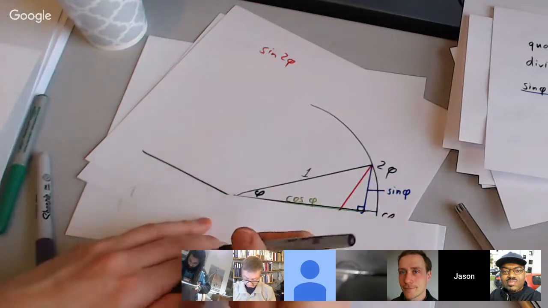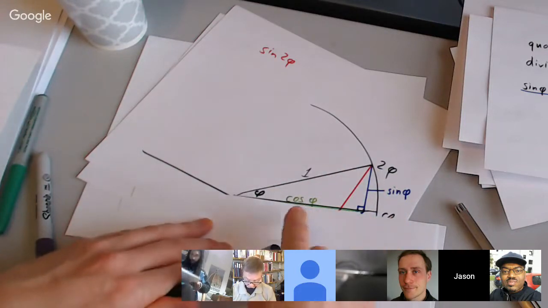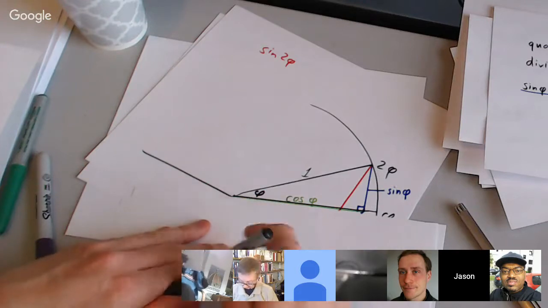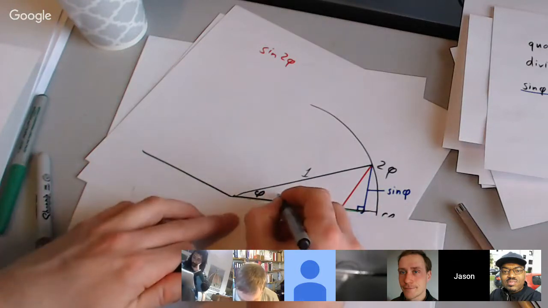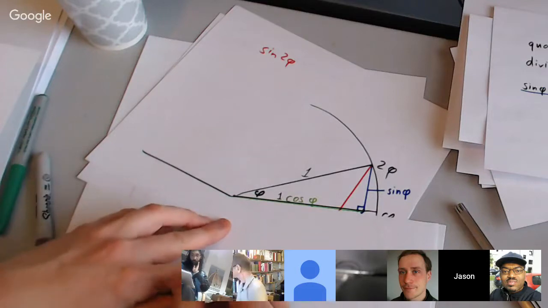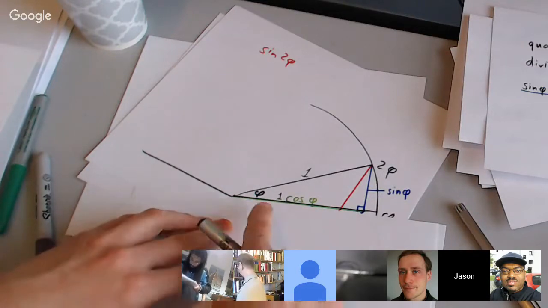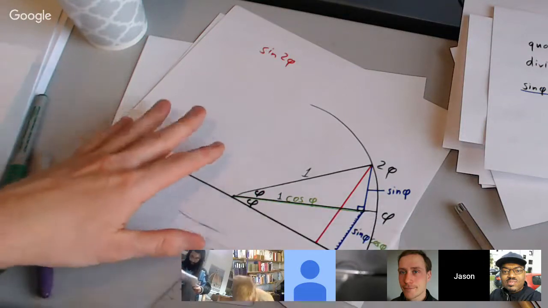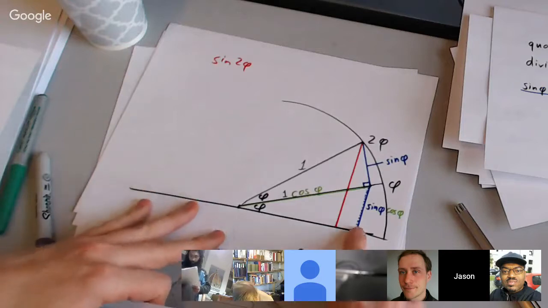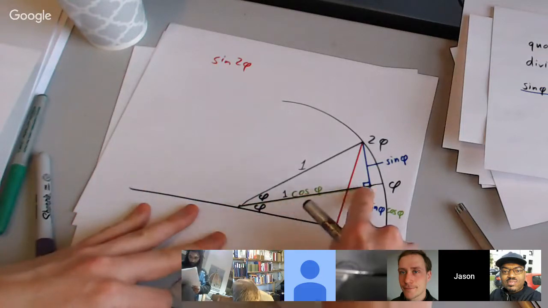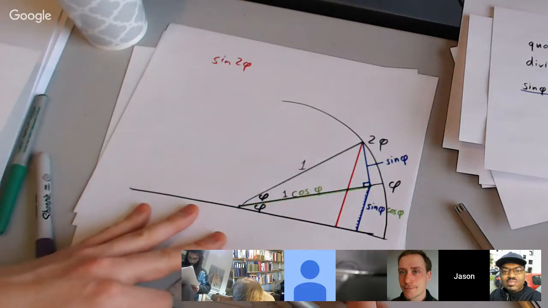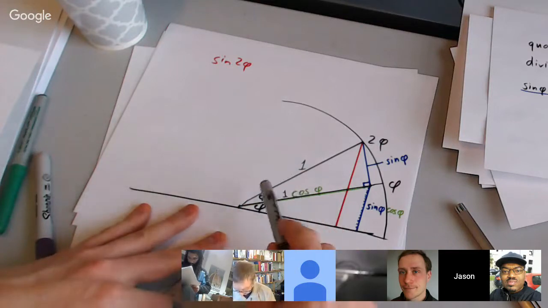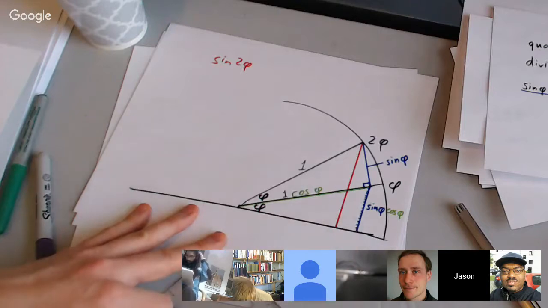We call the radius of a circle 1. Then when we just write cosine of phi, what it really means is 1 times cosine of phi. But when there's 1 of something, we don't usually write the 1 in front of it. So that's why this height is the sine of phi times the cosine of phi: it's got a sine of phi, but we have to multiply it by the hypotenuse of the triangle that it's drawn on.